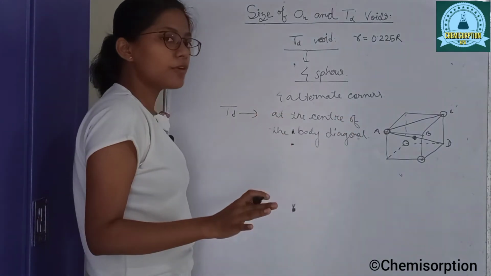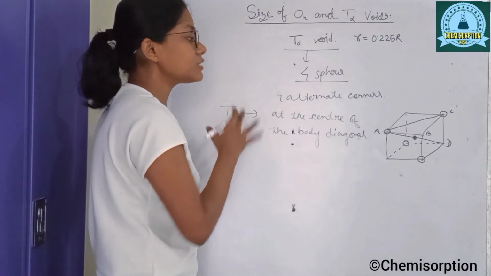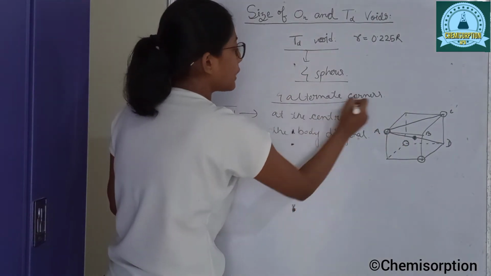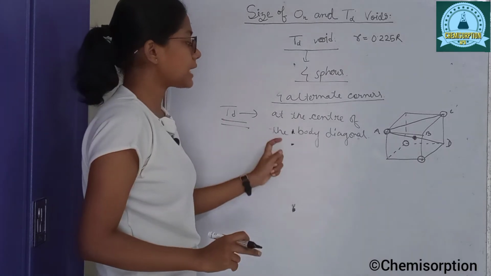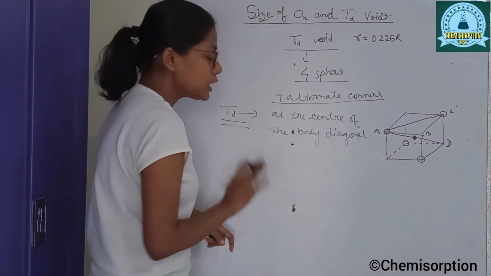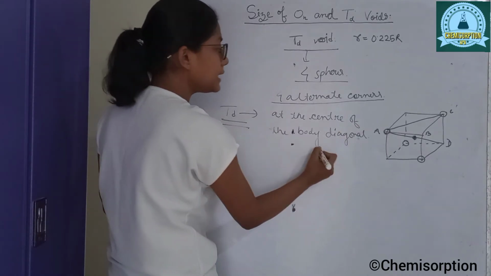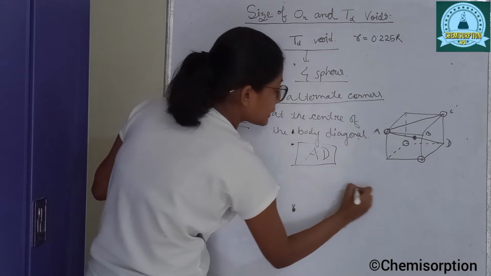So tetrahedral void is formed by 4 spheres, right? And if we place these 4 spheres on a cube, then they will occupy 4 alternate corners, and the tetrahedral void will be at the center of the body diagonal. So in this case, the body diagonal is AD. Now look at AD.